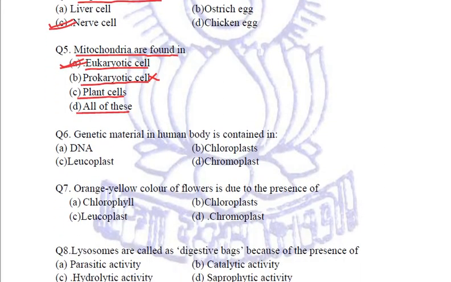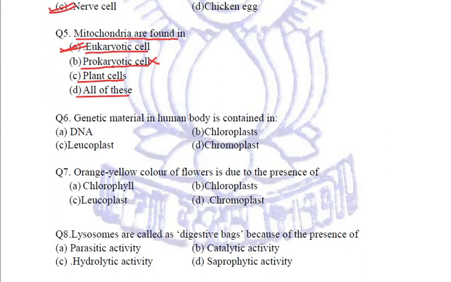Next question is, genetic material in human body is contained in, where is the genetic material present? In the DNA. It is not present in leucoplast, they are the colorless plastids. Chloroplast, chlorophyll photosynthesis. Chromoplast, the colored plastids. So it is present in DNA.